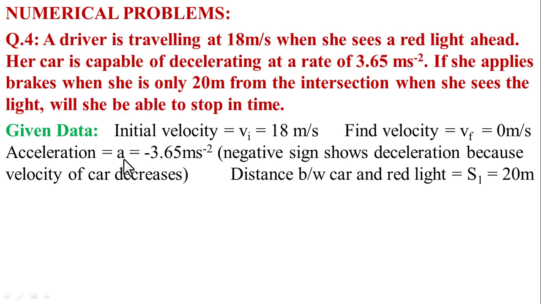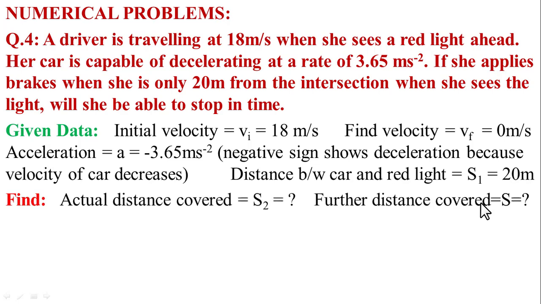Final velocity will be 0, so acceleration is negative. A is equal to minus 3.65 meter per second square. Negative sign shows deceleration because the velocity of the car will be decreased. Distance between the car and the red light S is equal to 20 meter.